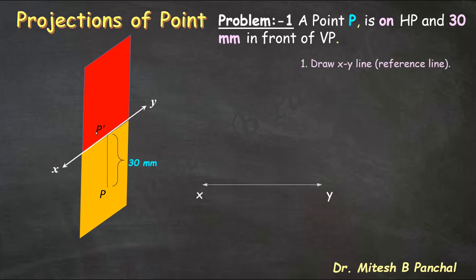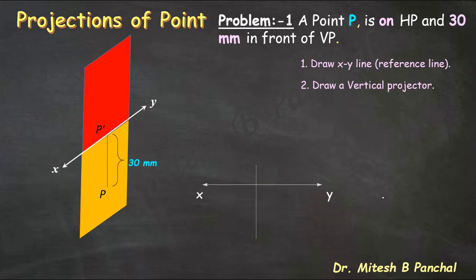So now to draw this projection, the final answer, first step is to draw a XY line, that is nothing but the reference line. Then draw a vertical projector. Here, this second point, that is draw a vertical projector, is related to point 3. What is point 3? That for a point, its projections, front view and top view, are on same vertical projector. So because of that reason, to draw the projections of point P, that is P dash and P, we have considered here a vertical projector.